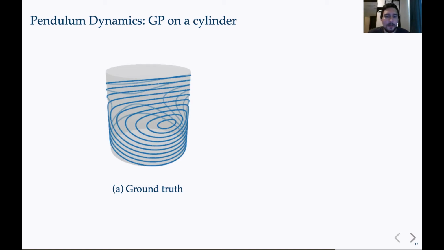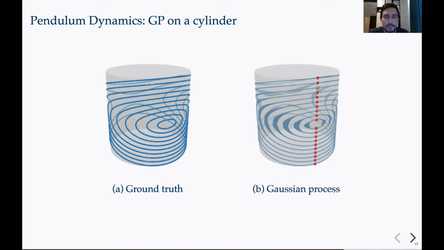So here on the left is the phase portrait of the dynamics of a pendulum. And with our kernels and the technique that Alex explained, we can do Gaussian process modeling to capture the behavior of the dynamical system behind this pendulum without knowing this system.